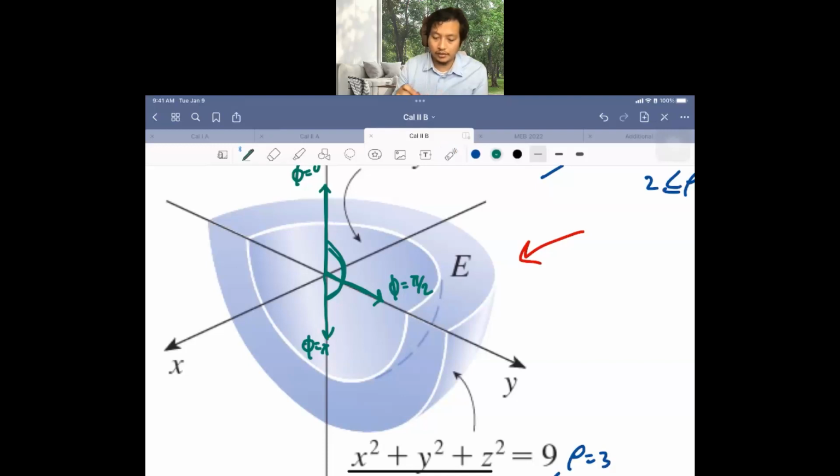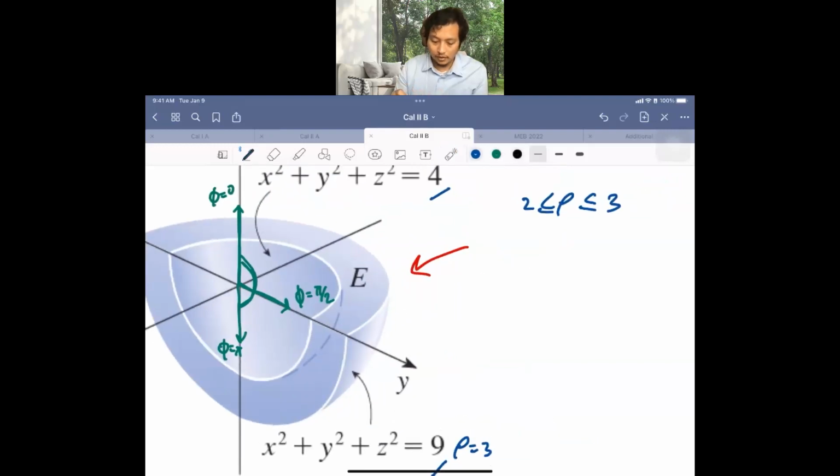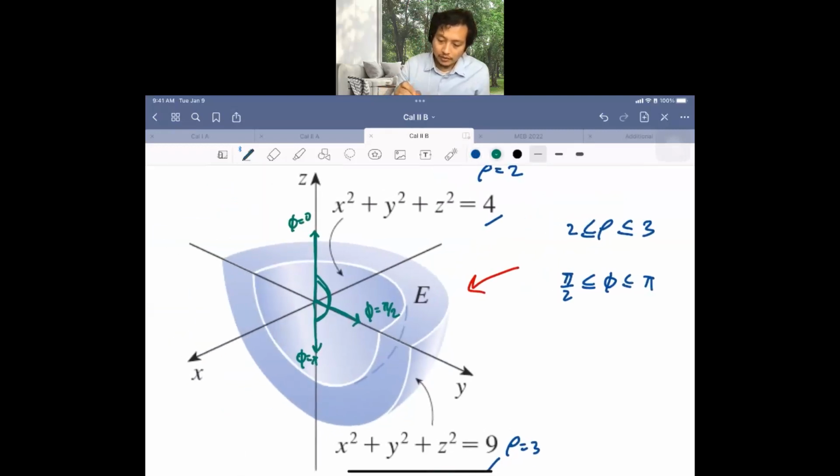So we can write down that phi is from pi over 2 to pi. Now the other one, theta, is in the xy plane, right? Let me write with the red color. I hope you can make a distinction between the green and red.